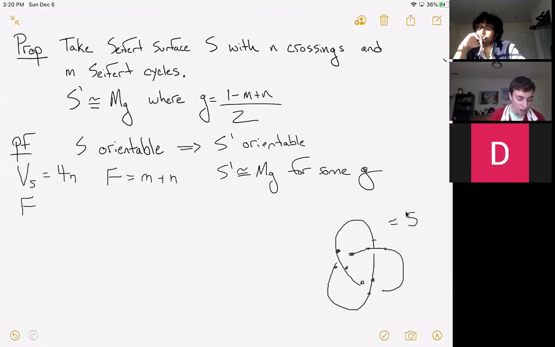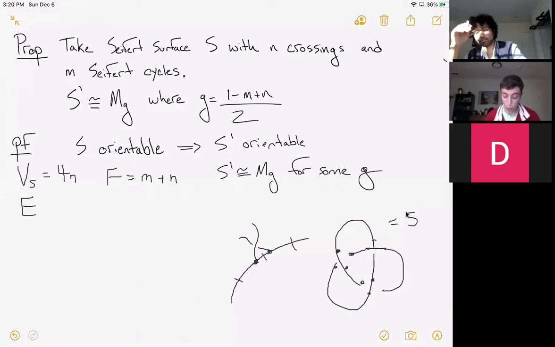Finally, edges. Well, where do edges come from? Notice that for an arbitrary Seifert cycle that I'll draw here, when we add in a half twist, we basically create 3 edges where we originally had only 1. And so in that sense, each half twist contributes 2 edges to each Seifert circle that it's attached to. And remember that each half twist is in fact connected to 2 Seifert cycles.